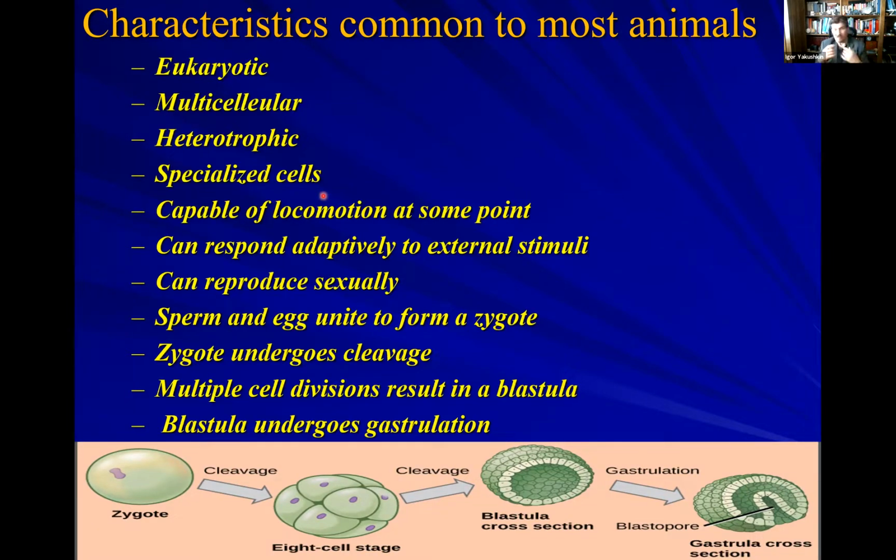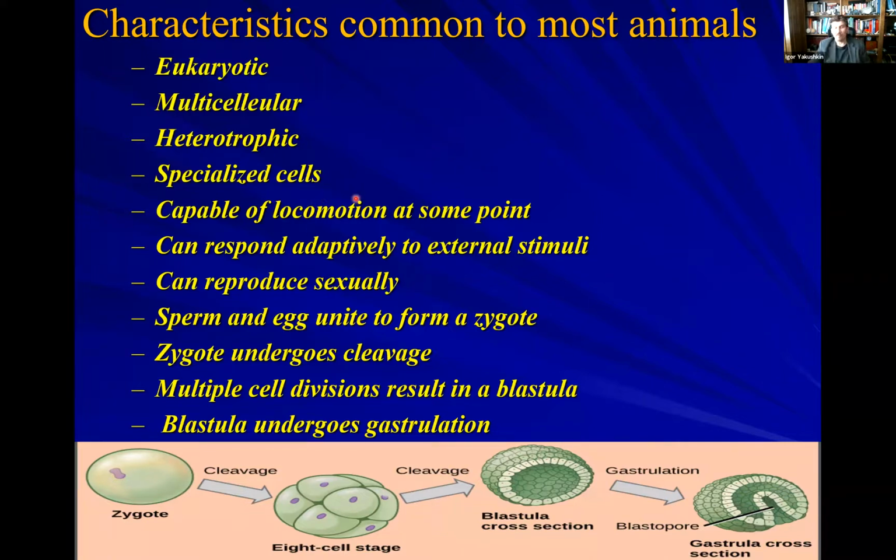My muscle cells will have exactly the same DNA as my nerve cells, as my skin cells. But they are specialized to perform a particular function, all right? And a muscle cell at some point of time will not be able to convert into, let's say, a blood cell, and vice versa. A blood cell will not be able to convert into a nerve cell, anything like that.